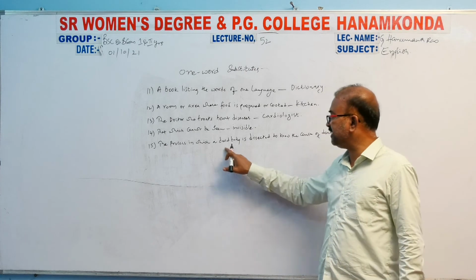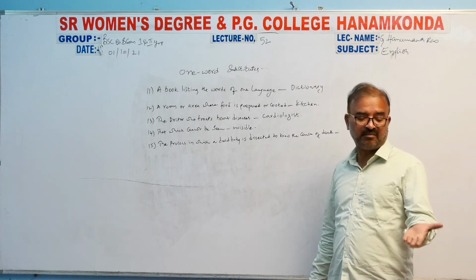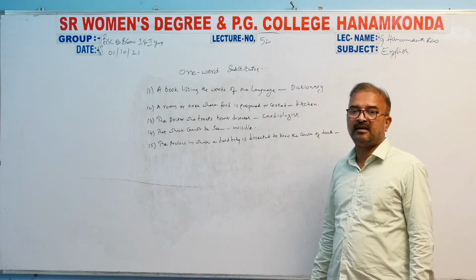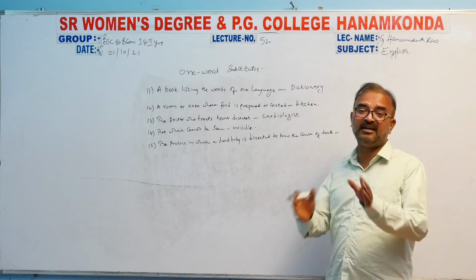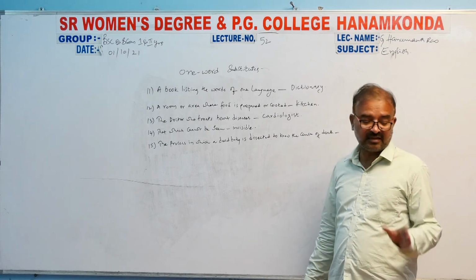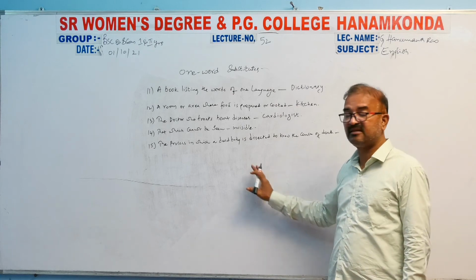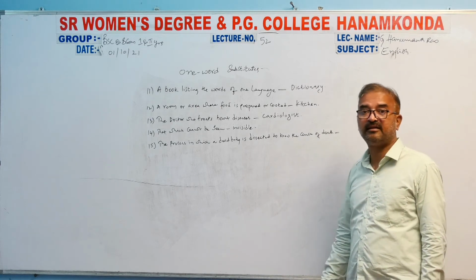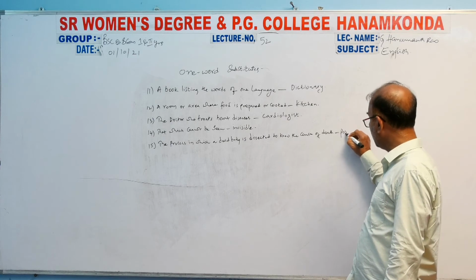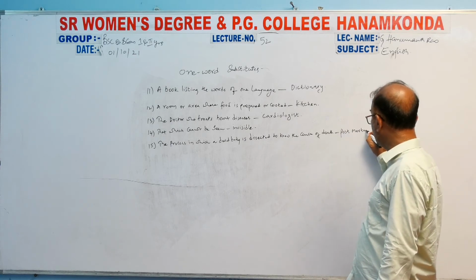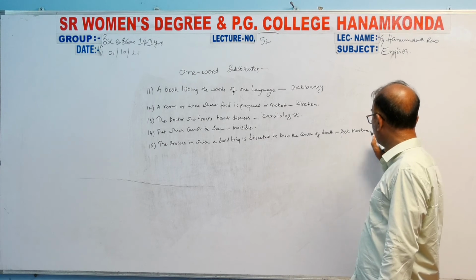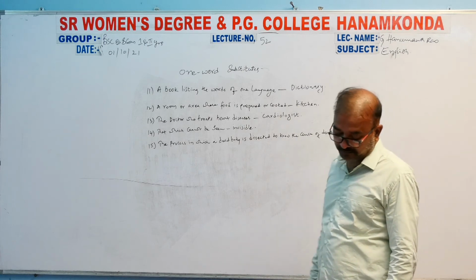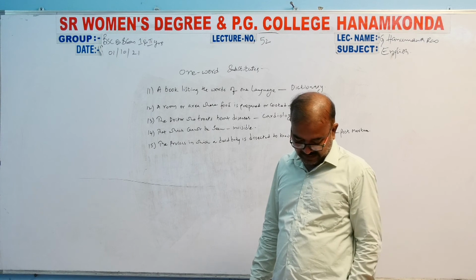The process in which a dead body is dissected. Sometimes some people die in suspicious, doubtful conditions. And such bodies are sent for a kind of examination. With that examination, they will know why the person died and how the person died. And what is that particular examination called? That is called post-mortem. Post-mortem. That is called post-mortem. Okay? And another one.